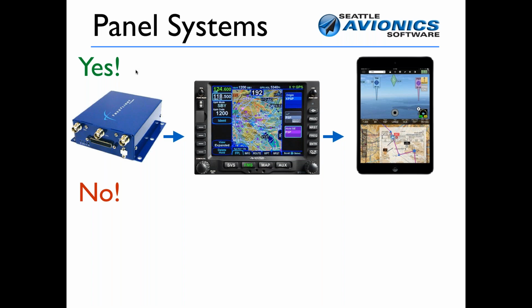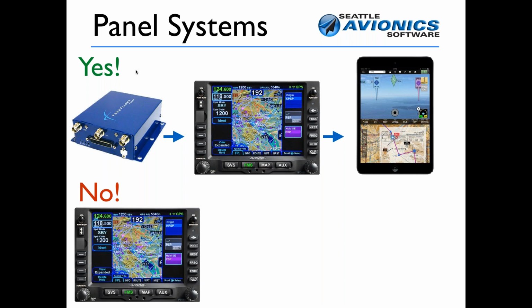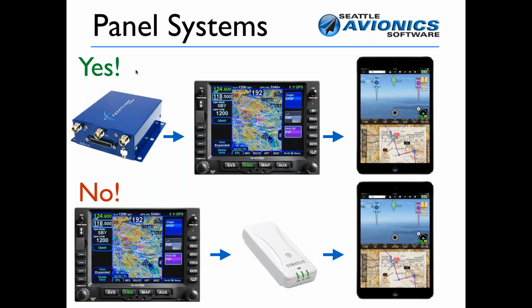The way not to do it, which doesn't work with FlyQ, although it's something we may be able to get to work in the future, is this. If you begin with an Avidyne IFD and take its Wi-Fi signal and tell it to connect to a Stratus or Stratux, any kind of ADSB receiver, and then the ADSB receiver transmits the data to FlyQ, FlyQ will get confused, specifically because it will see two different sources of position.